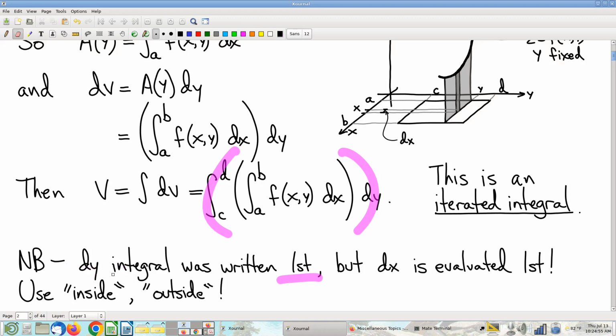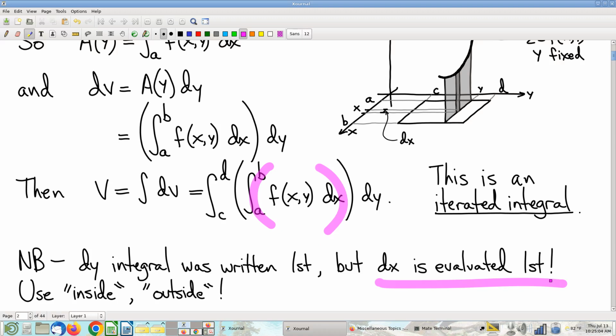But when you have this expression written down and you start computing, the first integral that you compute is the dx integral, because you need to know what that is, because it's your integrand for your dy integral. We can't start off with the dy integral. You don't even know what its integrand is yet. So you have to compute the dx integral first.